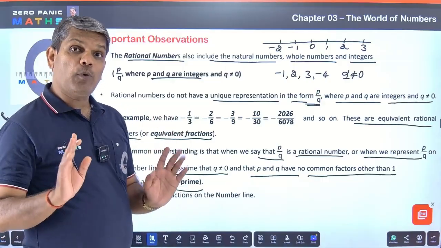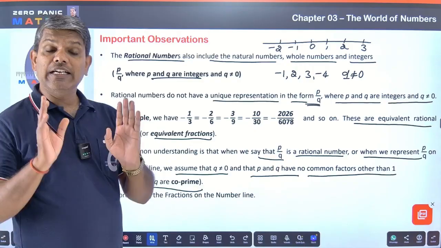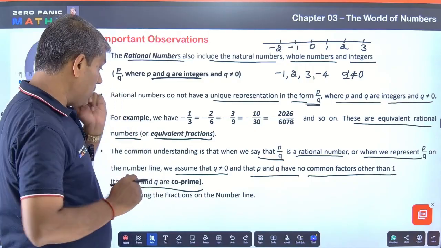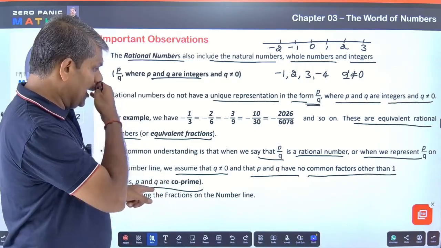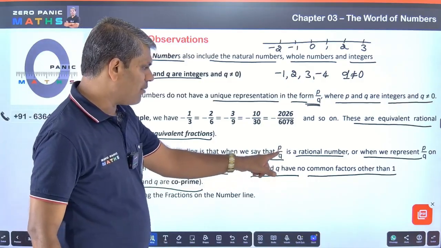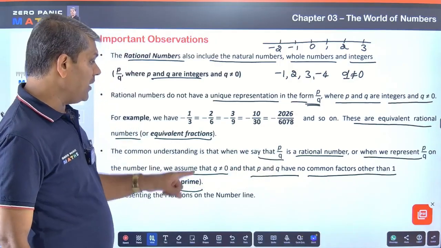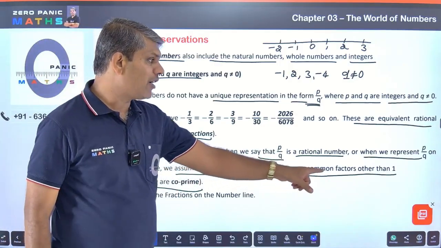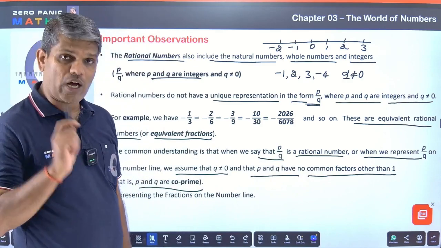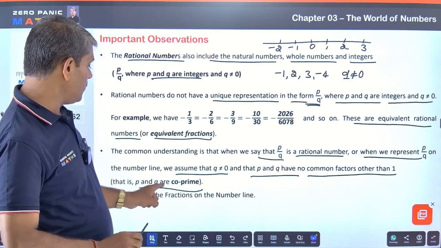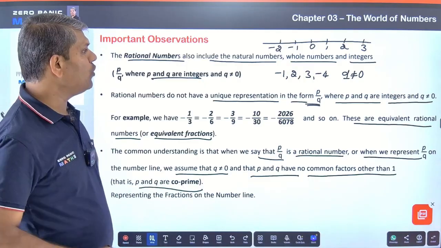Now this point you need to read and understand carefully, because they are saying that when a fraction is represented in the form of p by q, then p and q should not have a common factor other than 1. It means they should both be co-primes. So what do you mean by that?